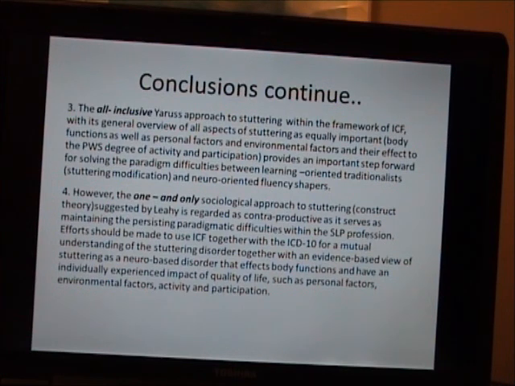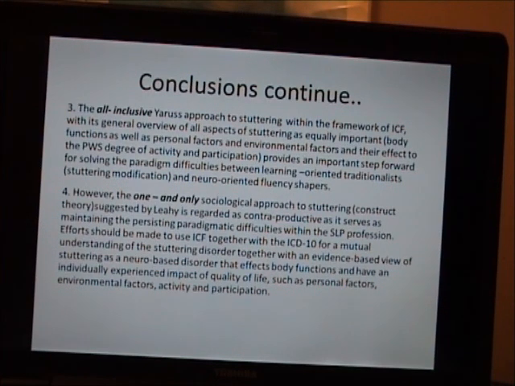This provides an important step forward for solving the paradigm difficulties between learning-oriented traditionalists, the stuttering modification, and neuro-oriented fluency shapers.